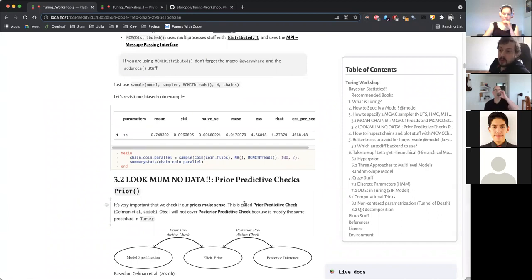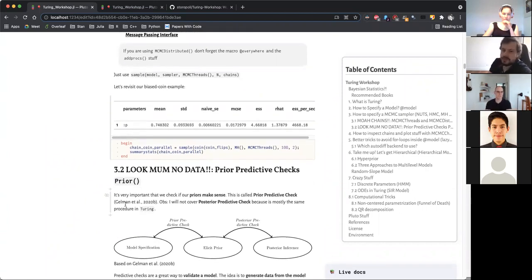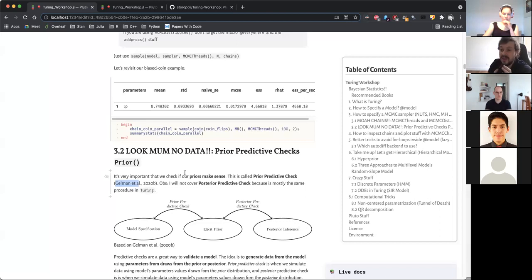So we do something called prior predictive check. And this is based on the Gelman et al. 2020 Bayesian workflow paper. And I'm simplifying it a lot. The whole diagram in the paper is more complex than this. It's huge. It has a lot of steps.